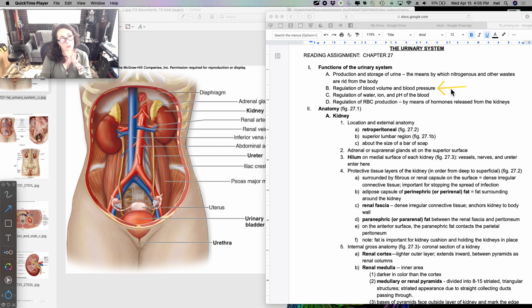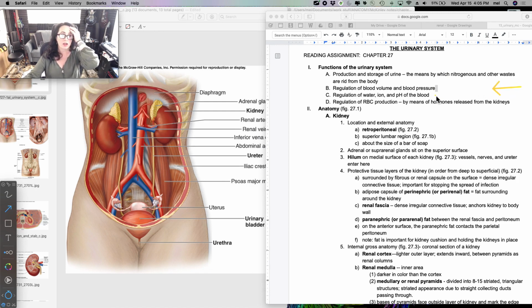The more you pee, the lower your blood volume and the lower your blood pressure; the more water you retain at your kidneys, the higher your blood volume, the higher your blood pressure. So they're really intimately involved with regulating blood pressure. And in phys, believe it or not, you talk about them as much with this functionality as you do with the cleansing waste products functionality.